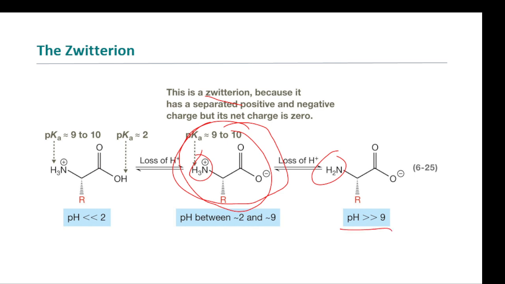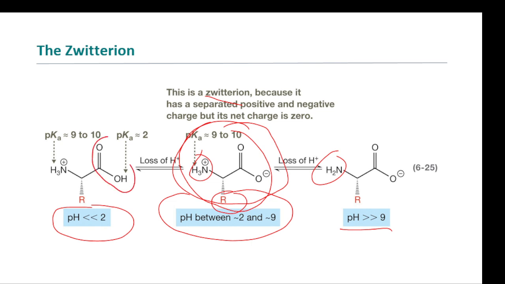Typically somewhere in the 10-ish range for most of these, though there's some that are a little bit lower. The pHs between 2 and 9 typically are going to have your Zwitterions for these, though if there's a charged side chain, that may actually change that. And then the pHs below 2 are typically where you're going to reprotonate the carboxylic acid, because carboxylic acid is not that strong of an acid. It's actually a weak acid, right?